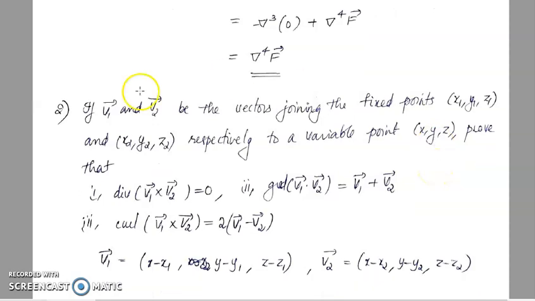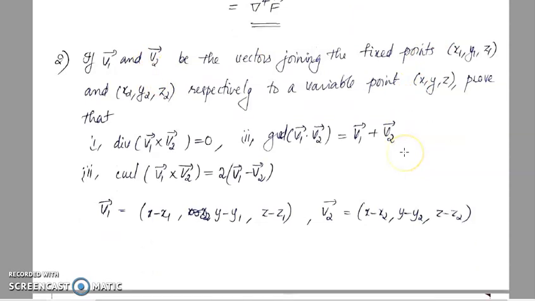So I can write v1 in the form x minus x1, y minus y1, z minus z1, and v2 will have the coordinates x minus x2, y minus y2, z minus z2. So these will be the components of vectors v1 and v2, if they are joining these points. Okay, now we will see the first result.